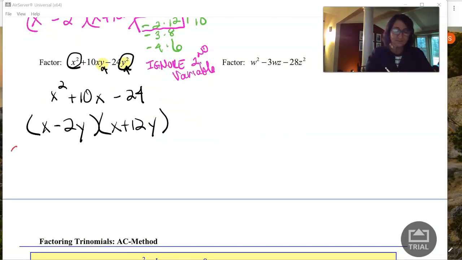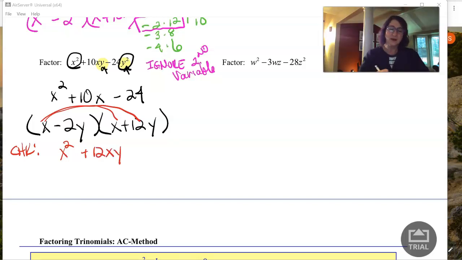Let's go ahead. So you check it by multiplying. I'm going to take x times x to give me x squared. X times 12y is going to give me 12xy. Then negative 2y times x gives me a negative 2xy.